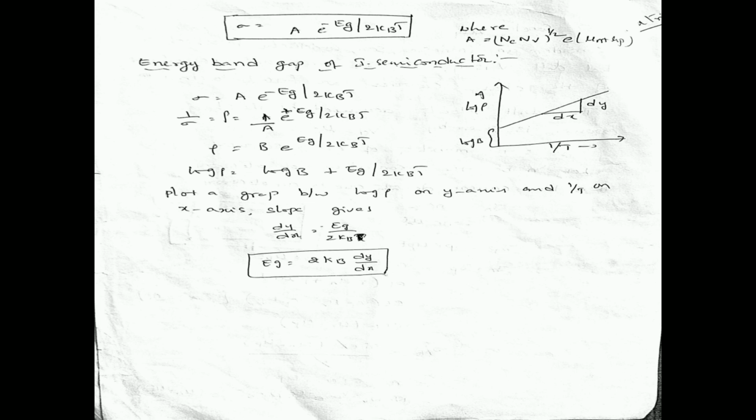From this, Eg is equal to 2 kB dy by dx. This is the energy gap in intrinsic semiconductor. Conductivity sigma is equal to A e power minus Eg by 2 kBT. Energy gap is equal to 2 kB dy by dx.